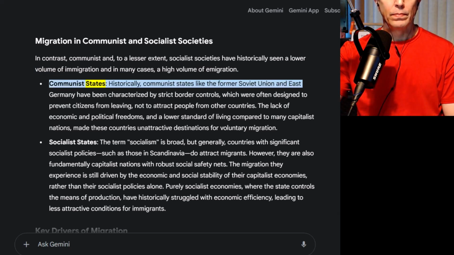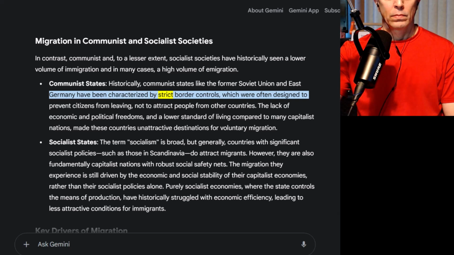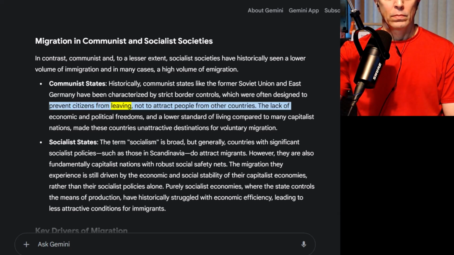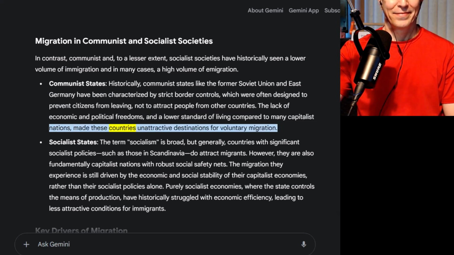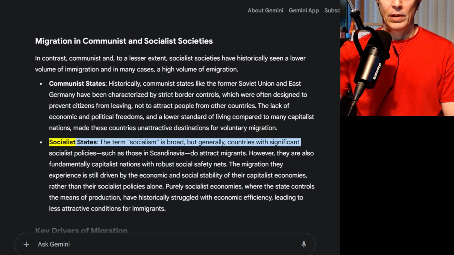Communist states. Historically, communist states like the former Soviet Union and East Germany have been characterized by strict border controls, which were often designed to prevent citizens from leaving, not to attract people from other countries. The lack of economic and political freedoms and a lower standard of living compared to many capitalist nations made these countries unattractive destinations for voluntary migration. Socialist states.